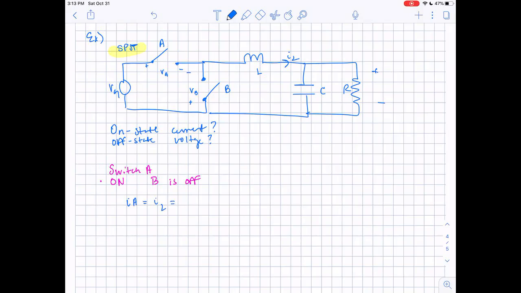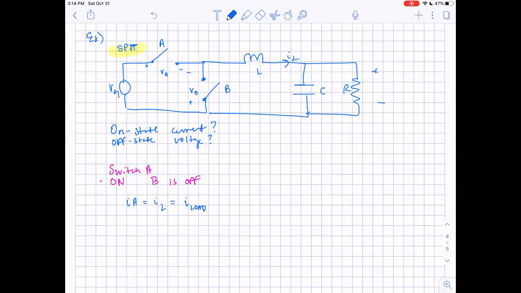And we know that this is also the load current. This is not found out just by looking at this; this is how the buck converter works.